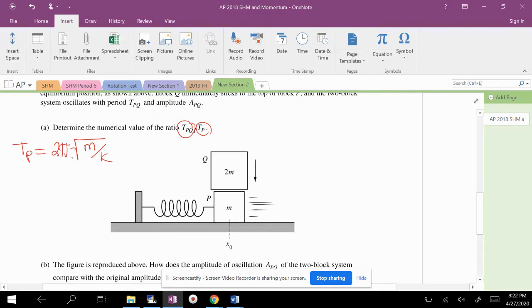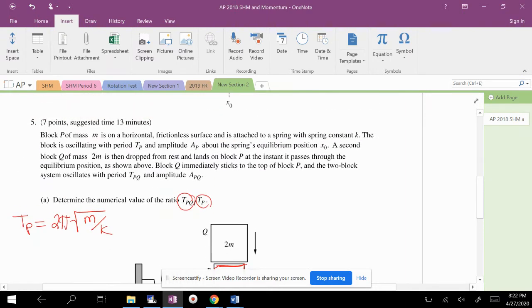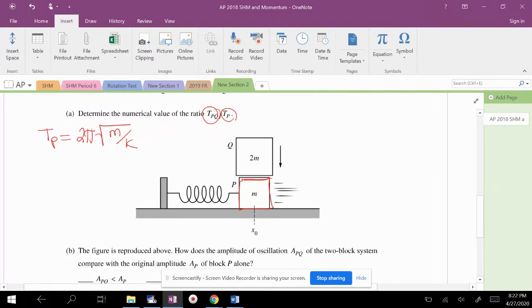This is pretty simple because the mass of this block is just m, and the spring constant is k. So that's the period for the single block system. Now the period for the two block system is 2 pi root 3m over k, and it's 3m because it's the total mass, 2m plus m.